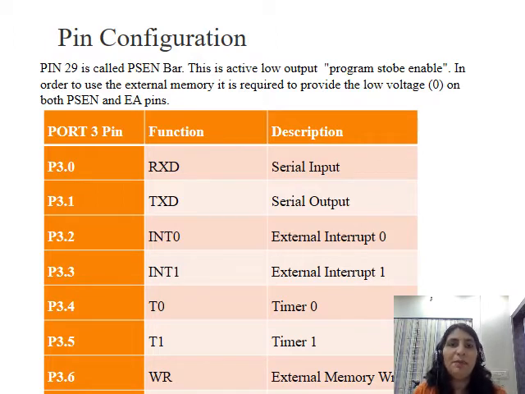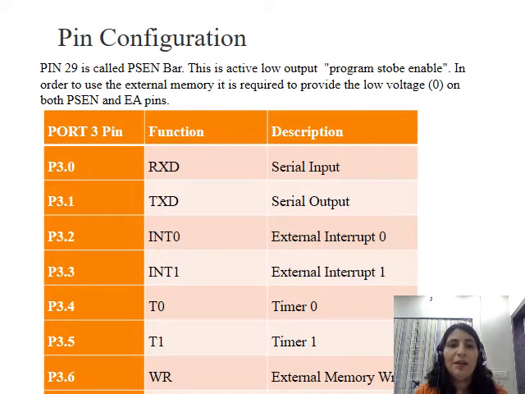Port 3, the basic function of port 3 is input output. Apart from that, each pin of port 3 has different important functions. P3.0 is called the serial input pin. So the microcontroller receives input serially on this pin.